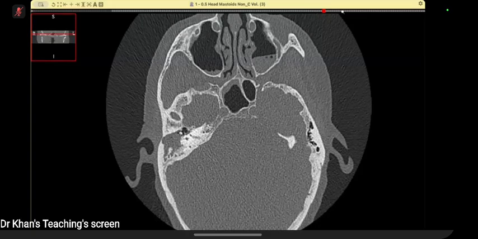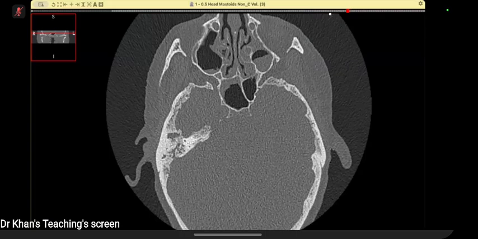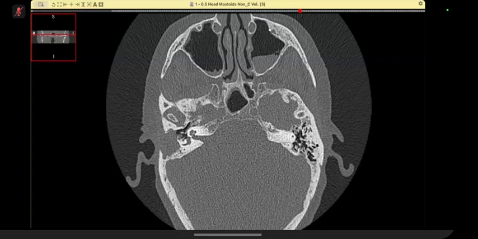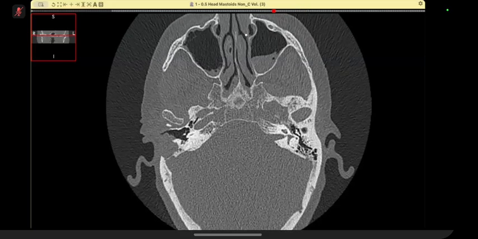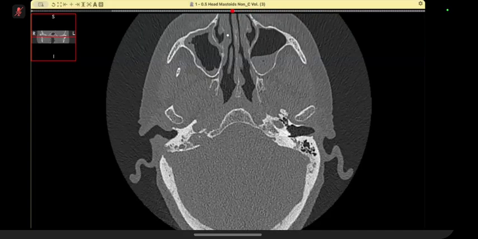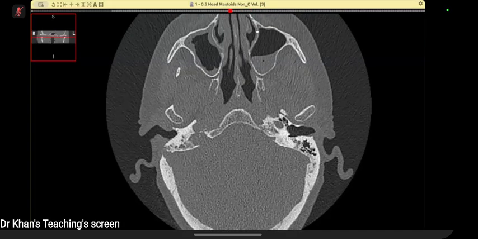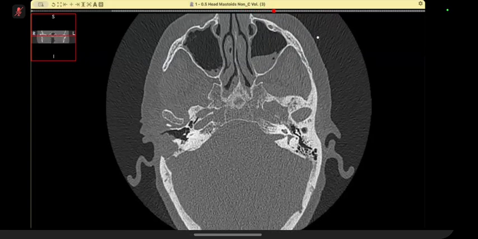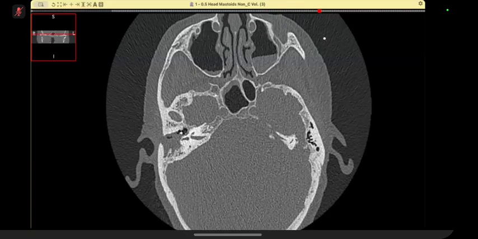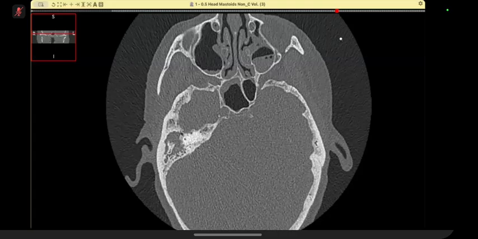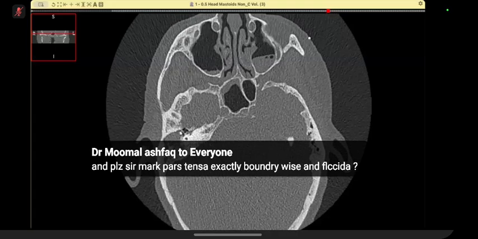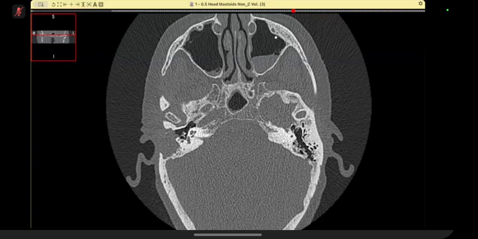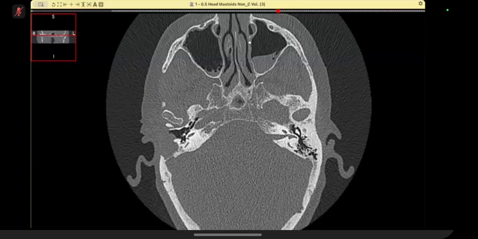Okay, I am going through the images, and I can see that there is a soft tissue opacity. I can see that the soft tissue opacity is destroying the right mastoid air cells. It is occupying the right external auditory canal. I cannot appreciate normal anatomy on this side since this is a post-surgical case.